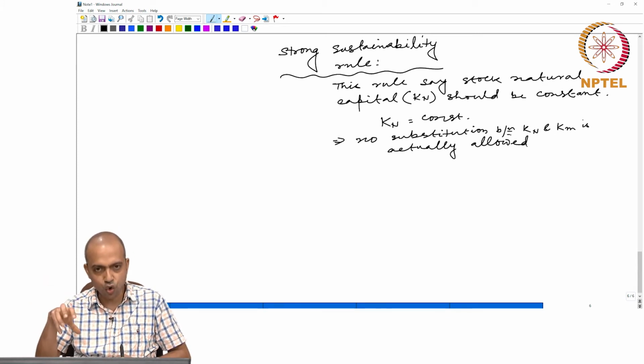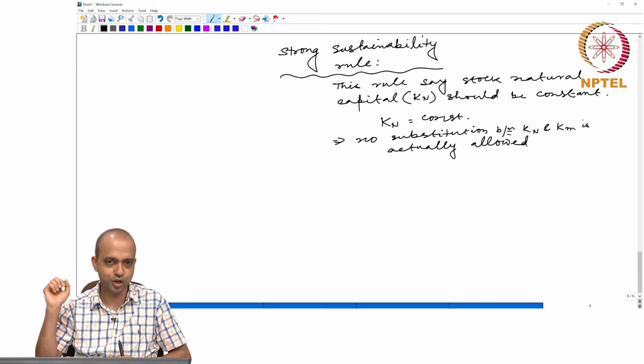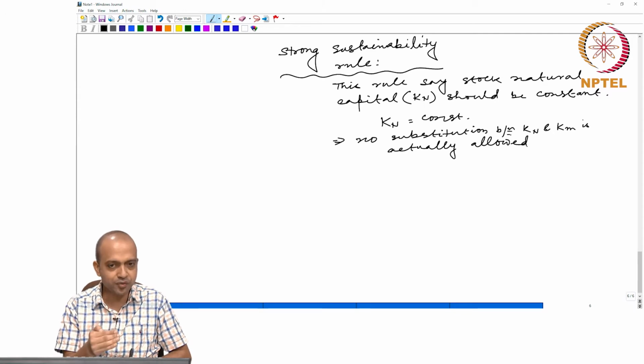This is called strong because it imposes a stronger restriction on maintaining capital stock. The earlier version was weaker because it allows substitution; the restriction is less stringent compared to this.